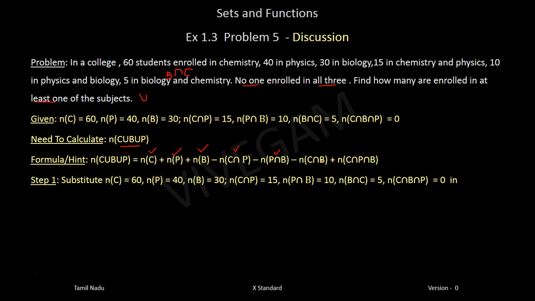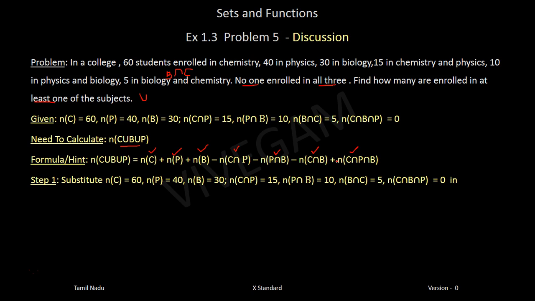Chemistry and biology, 5, sorry, it was hiding here. And all three subjects is known, that is 0. So all the values on the right-hand side are known.